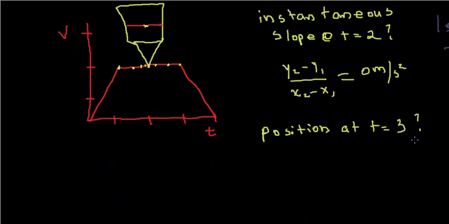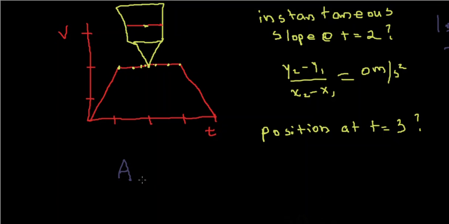So what is the position at time 3? So we know that when we take the instantaneous slope, or change of v over time, we get acceleration. And so how do we get from velocity to position? Well, like we said in my previous video, we find the area under these parameters. It looks like a trapezoid, and so we know the area of a trapezoid. And if you don't, I'll give you a refresher.